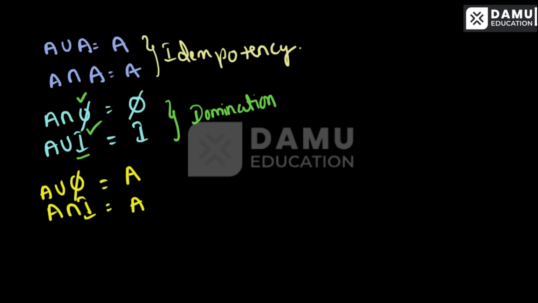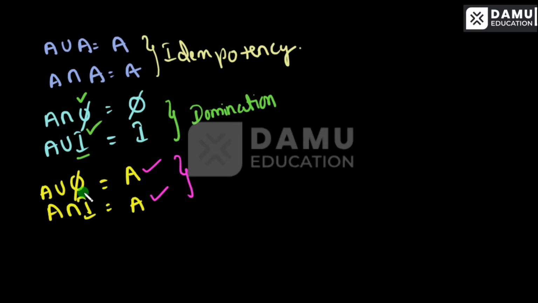Because A union phi means if you add the A set to nothing, then you'll get A only. A intersection I means the elements that are there in A will be there in I also. Why? Because it is the universal set, then you'll get A only. Finally, if you are getting A, it's not changing.